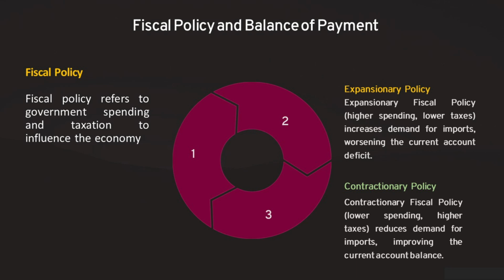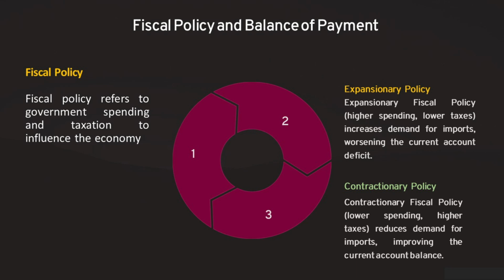Now, in case of contractionary fiscal policy, obviously it reduces the demand for import in the context of balance of payment. So when there is a decline in the demand for import, it will improve the current account. It will improve the position of the current account in the balance of payment, but it may lower the foreign investment inflows.